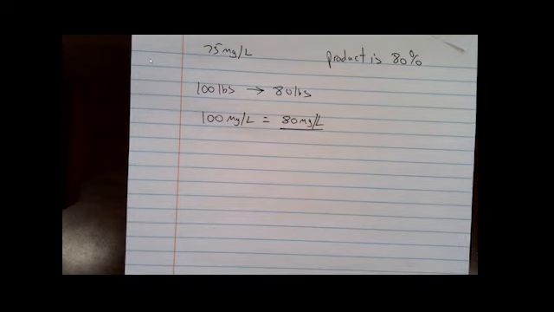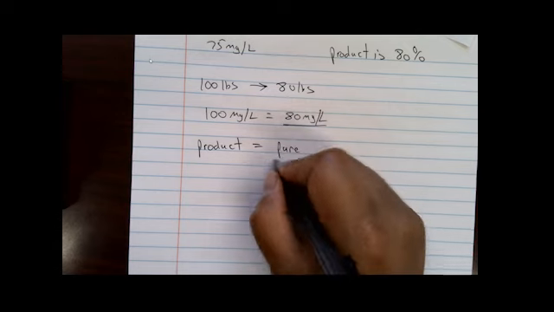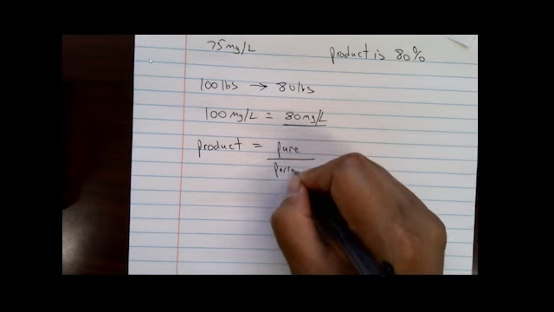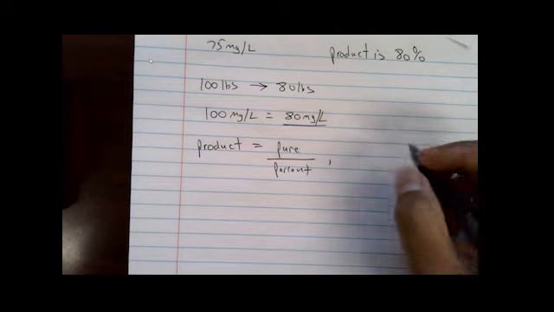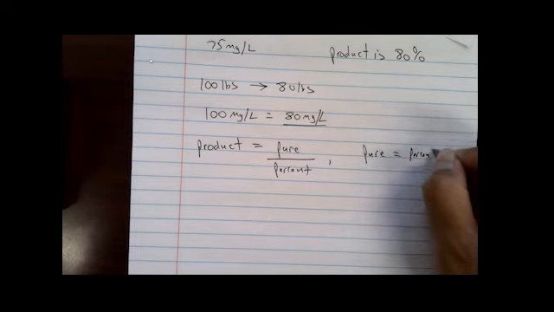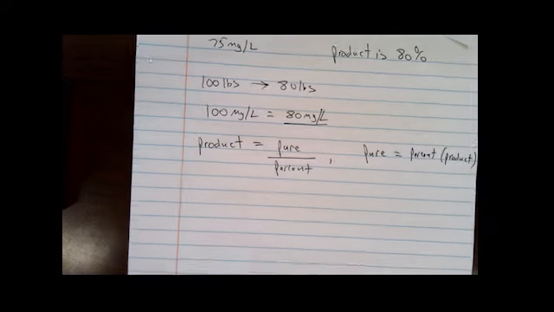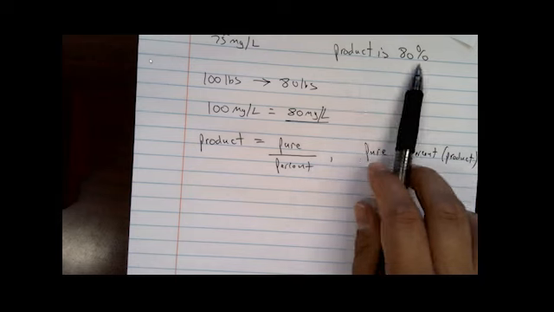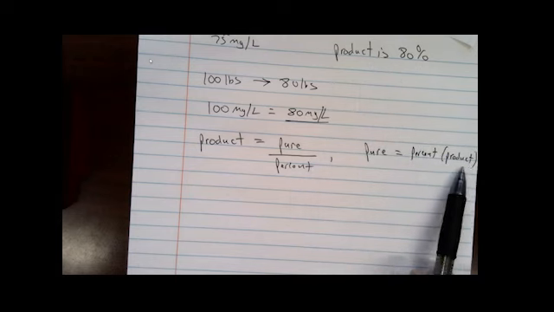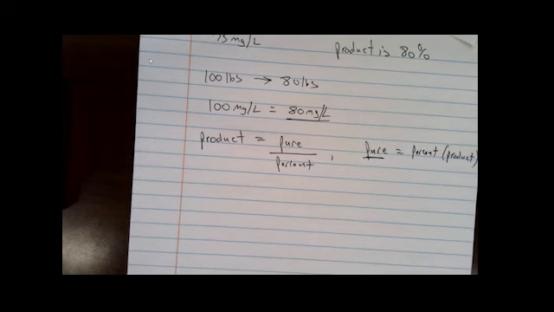So the product is equal to the pure divided by the percent, or another way of expressing this, the pure is equal to the percent multiplied by the product. We know that it's 80% pure, so 80% of that product is pure soda ash.